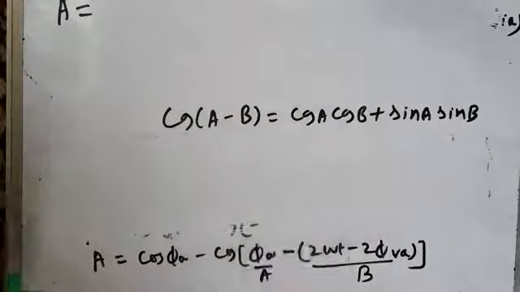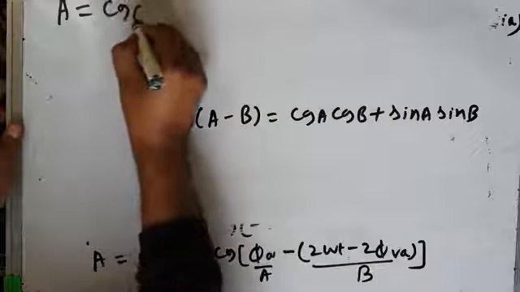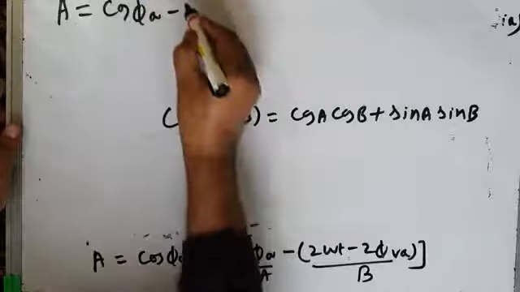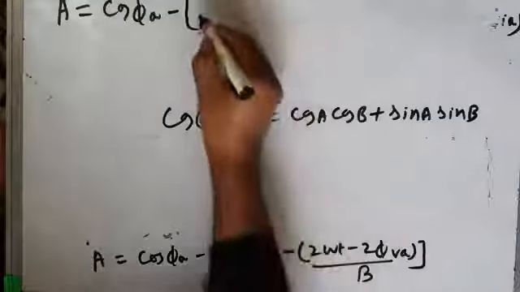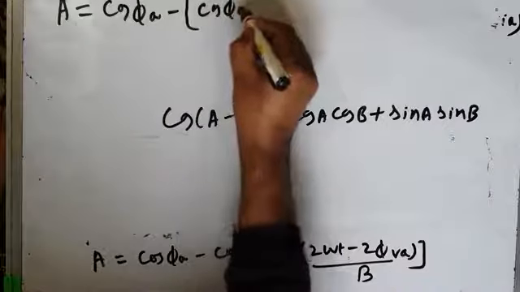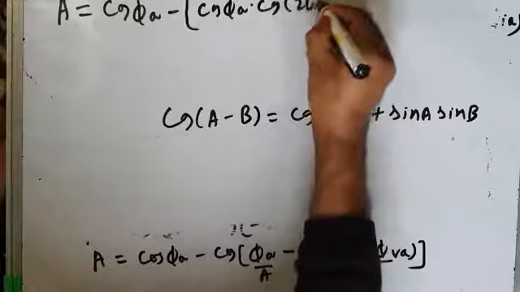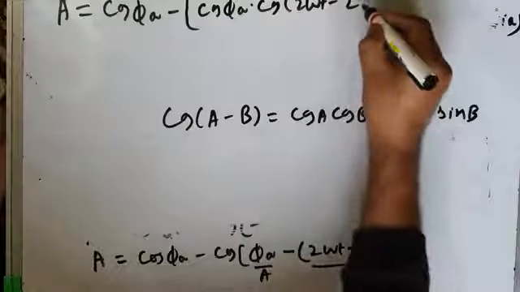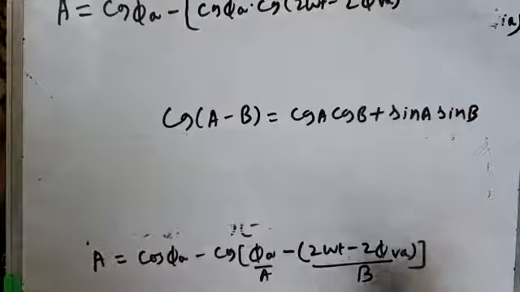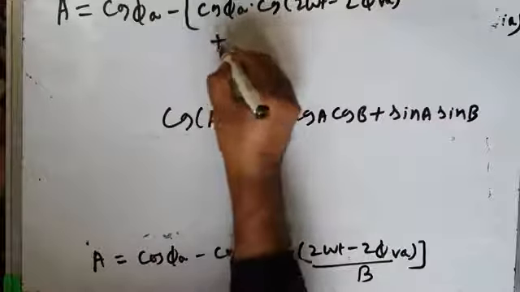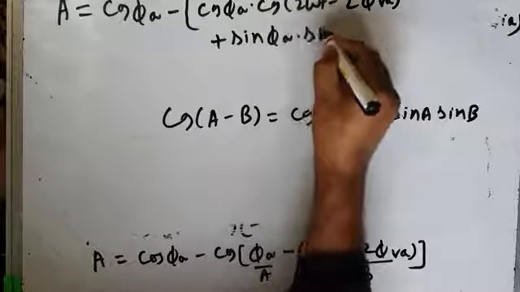Using this, we can write A is equal to cos phi A as it is, minus, now cos a cos b, that is cos phi A into cos of 2 omega t minus 2 phi VA. So that is cos a cos b. Okay, plus sin a sin b.